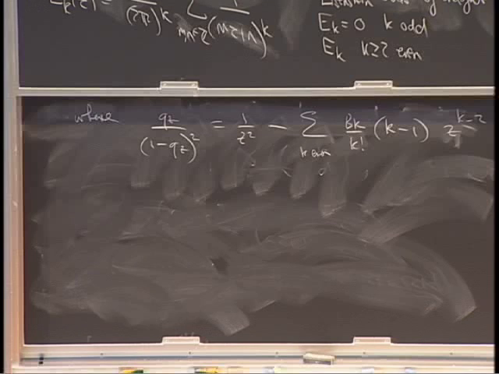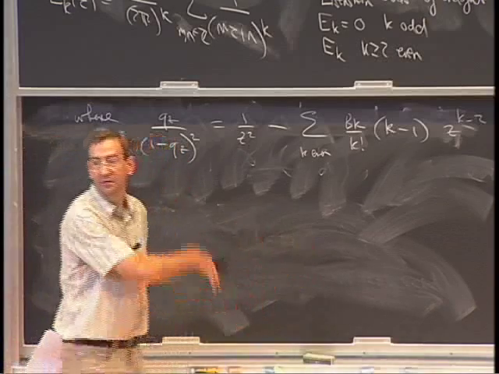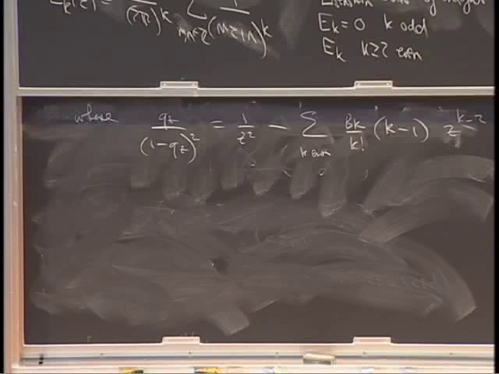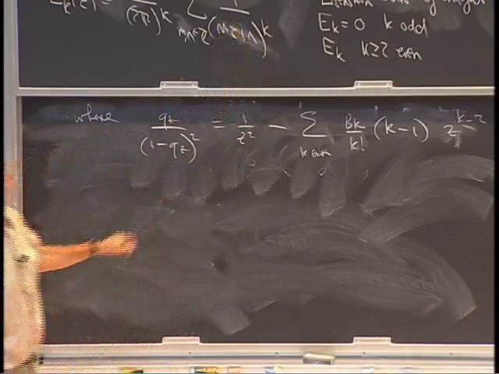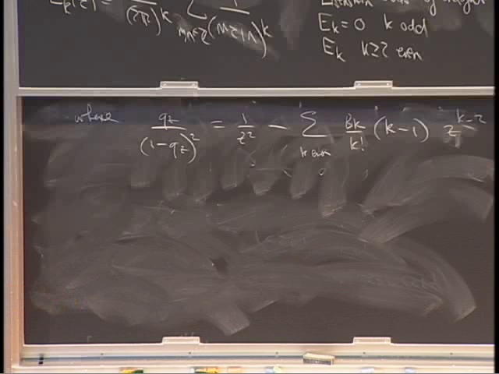The sums 1 over n squared, 1 over n fourth, 1 over n sixth, etc. are given by the Bernoulli numbers. Again, you can see that here, when you put tau equal to 0, that's the zeta function evaluated for integer k. So that's the connection of the zeta function as far as I'm going to use it.